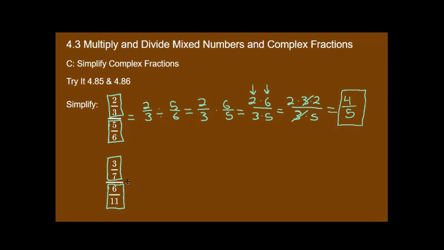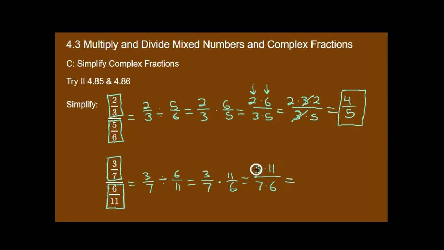Okay, next one. I'm going to rewrite the complex fraction as a division problem. 3/7 divided by 6/11. And then I'm going to rewrite the division problem as a multiplication problem. 3/7 times 11/6. I get 3 times 11 divided by 7 times 6.